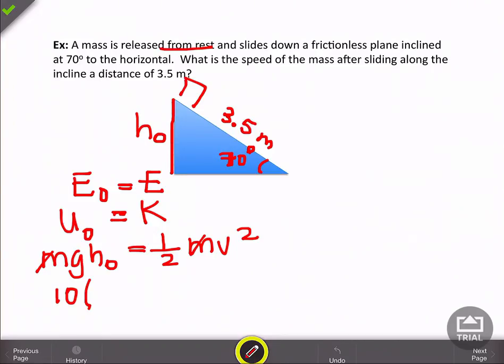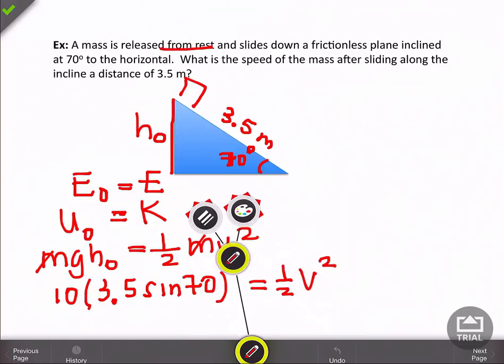That's what I care about. So using my triangle, that would be 3.5 sine of 70 equals 1/2 v squared. Again, you would just plug this into your calculator and figure out this final velocity. Way easier than doing all of those steps with Newton's laws and kinematics.